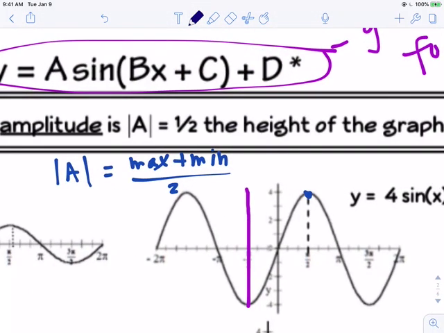Let's see. I suppose that would actually be... Did I get that wrong? Top minus bottom divided by 2.